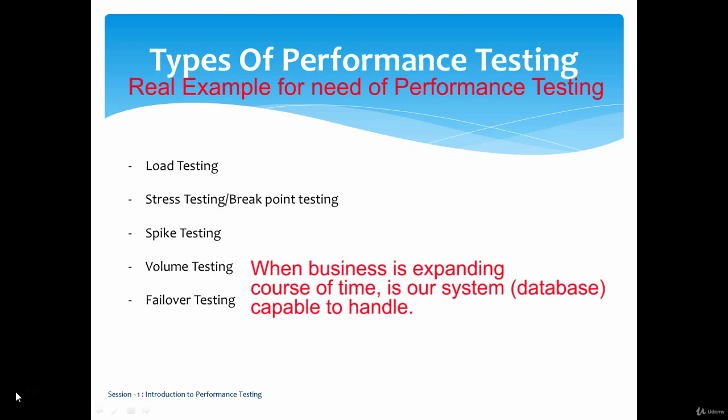Obviously the database performance will go down whenever more records are added to the database, right? Volume testing is to evaluate this kind of situation: whether the DB is able to perform quickly or not. If not, what are the key things we need to take care of, and how to improve the performance of the DB whenever there are more records in the database.